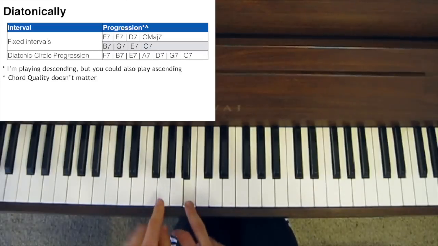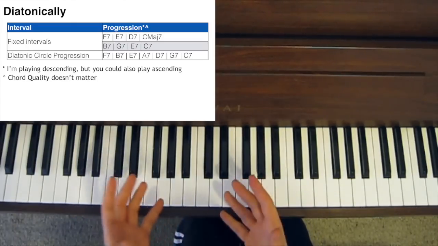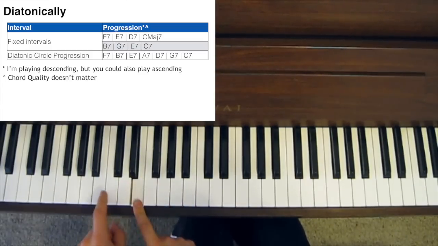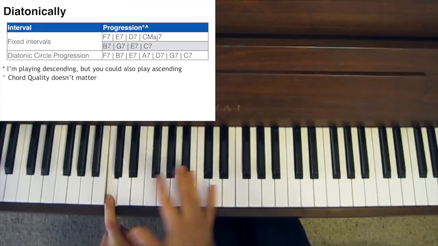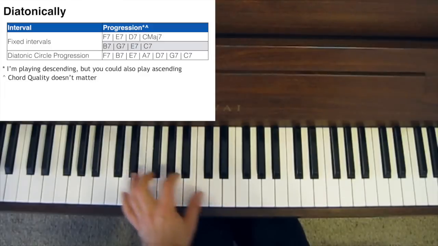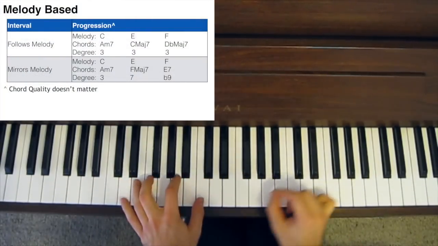And in that way, I've kind of traced out the C major 7th chord. That's a bit different than going down in fixed intervals, because I've gone down by a major third, then a minor third, and then a major third again, which created its own little pattern, but it works because you're moving down diatonically. Or another thing you could do is structure the chords around the melody.